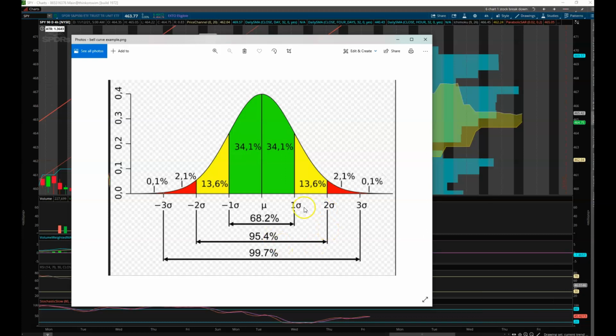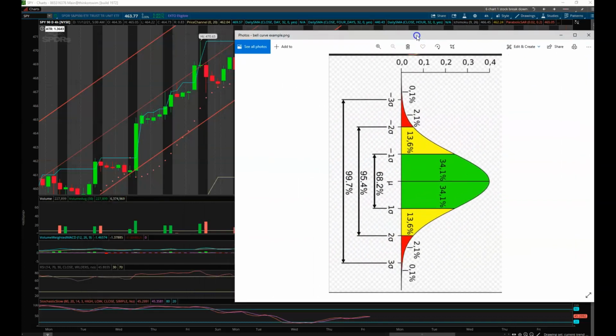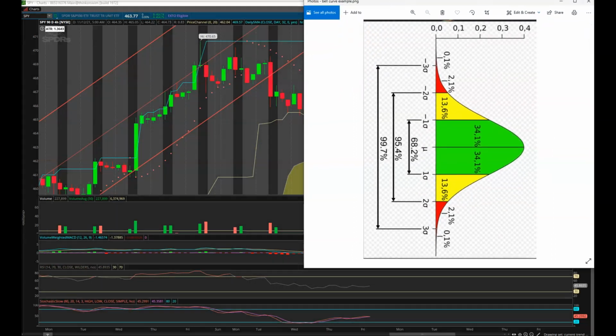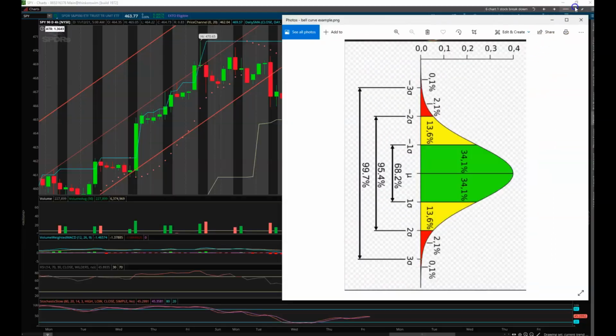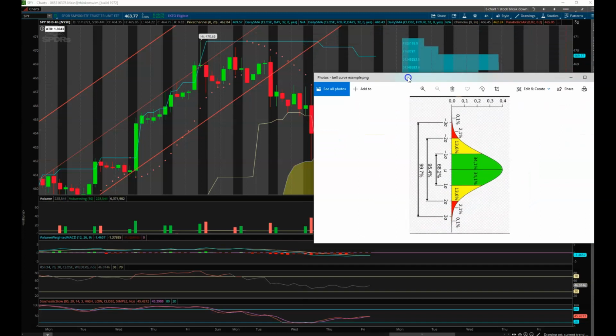Now, we apply this to stock and options pricing this way. If we turn the bell curve on its side, let's get it down here.